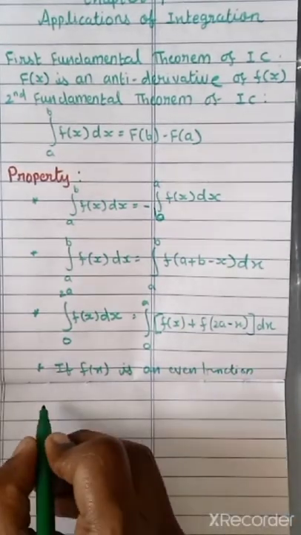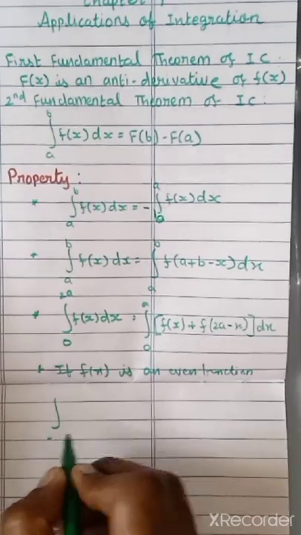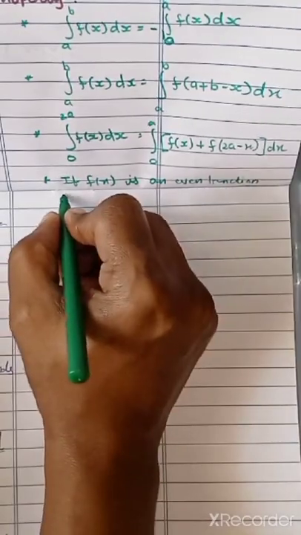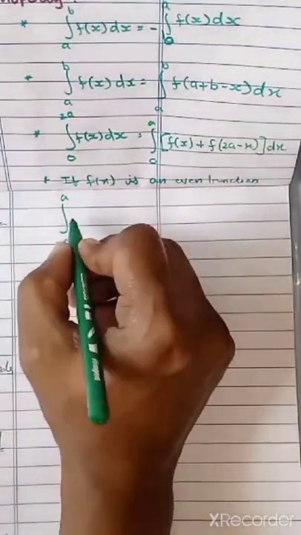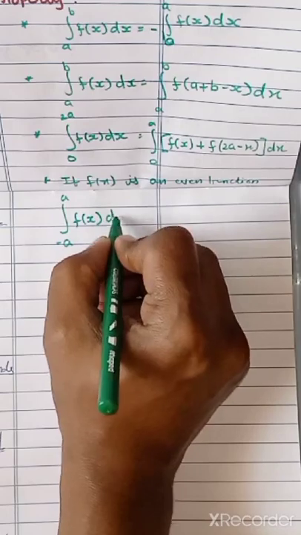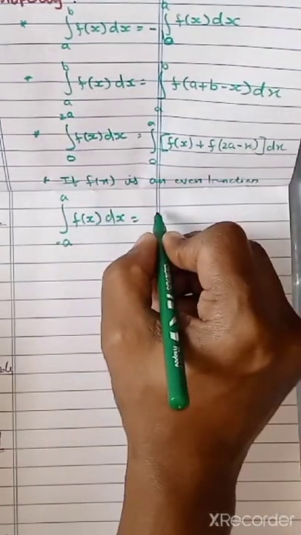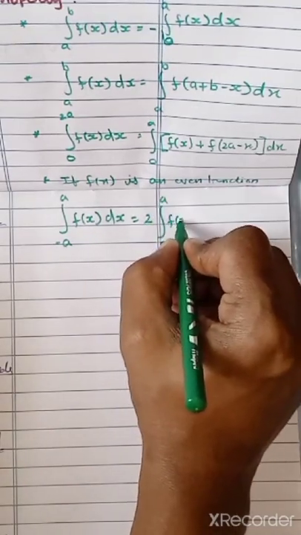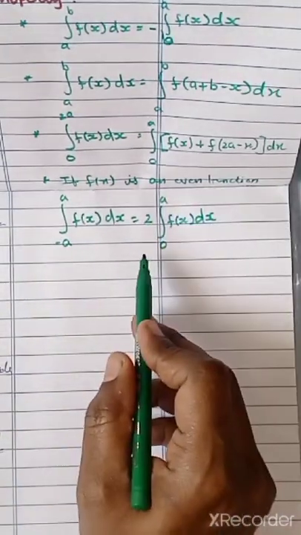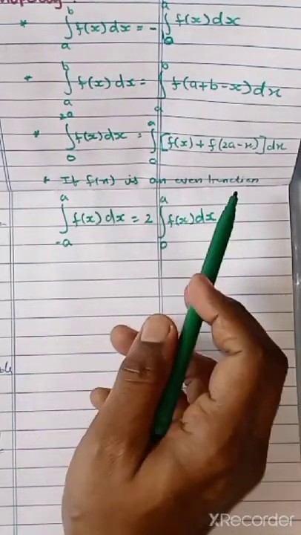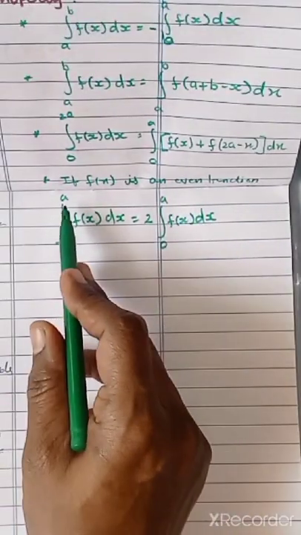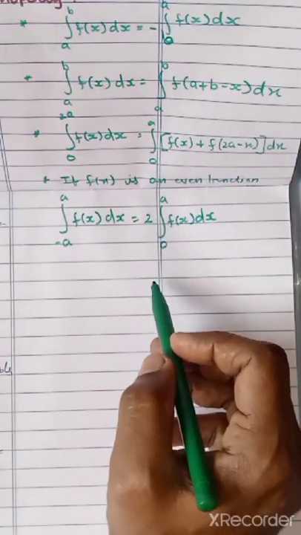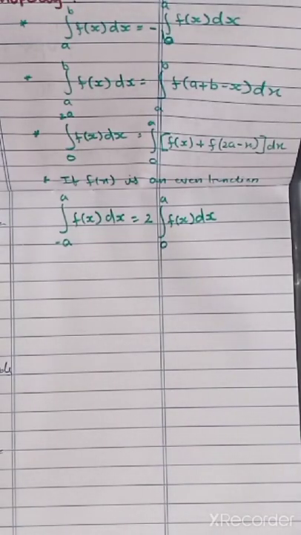If f of x is an even function, then the integral from minus a to plus a of f of x dx, how can you write this? 2 into the integral 0 to a f of x dx. Like this you can change. So if f of x is an even function, the integral from minus a to a becomes 2 into integral 0 to a f of x dx.